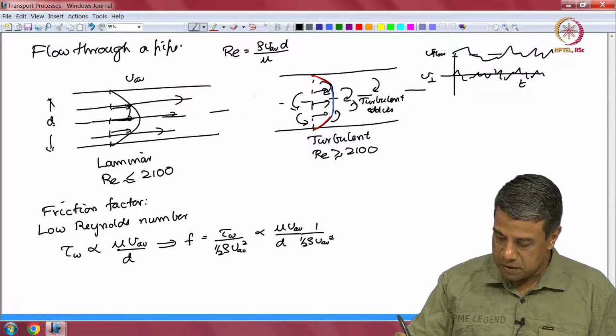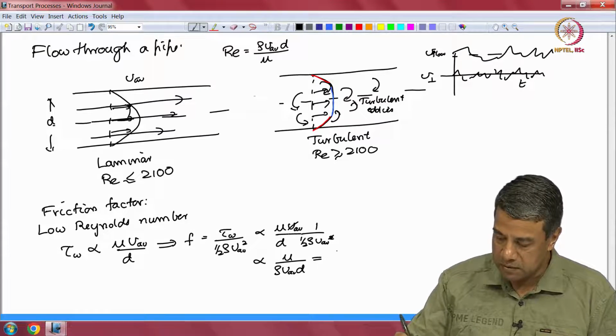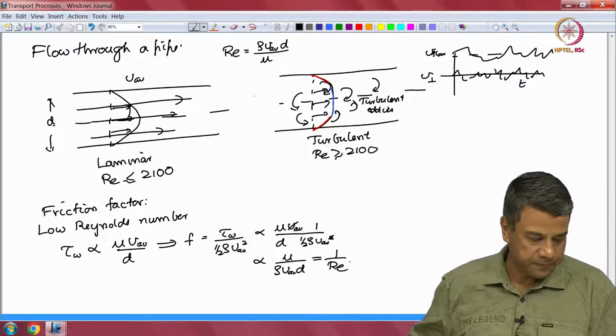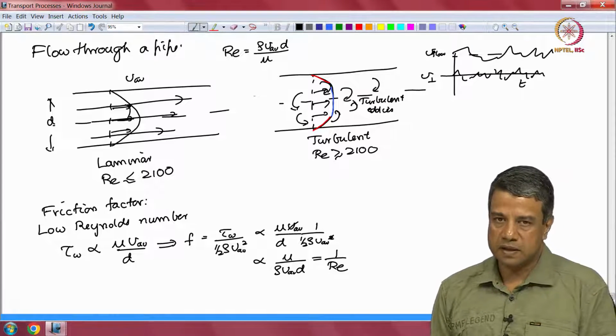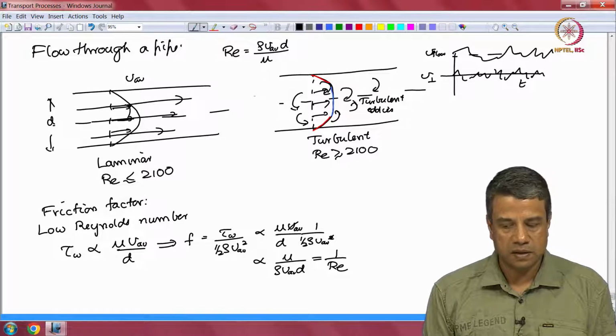And you can cancel out one factor of the V average and you can see that this is proportional to mu by rho V average d, which is equal to 1 over the Reynolds number. So, the friction factor has to be proportional to 1 over Reynolds number in the limit of low Reynolds number.